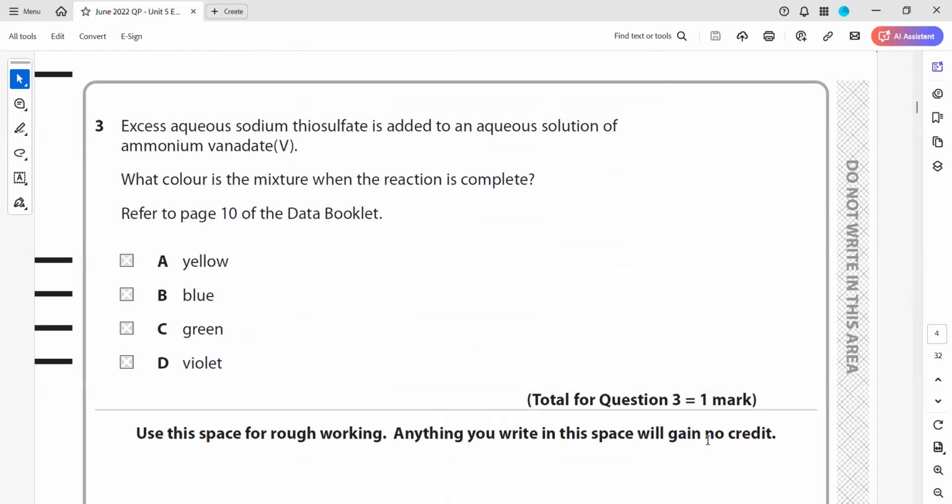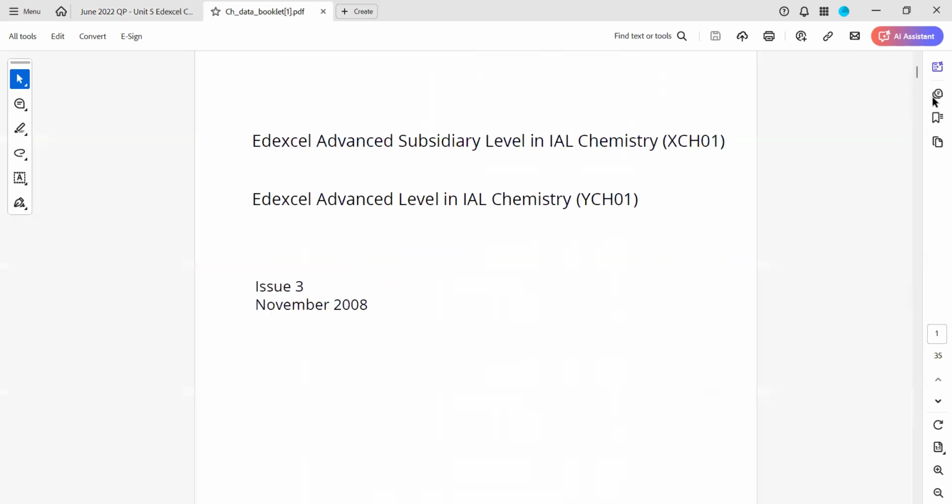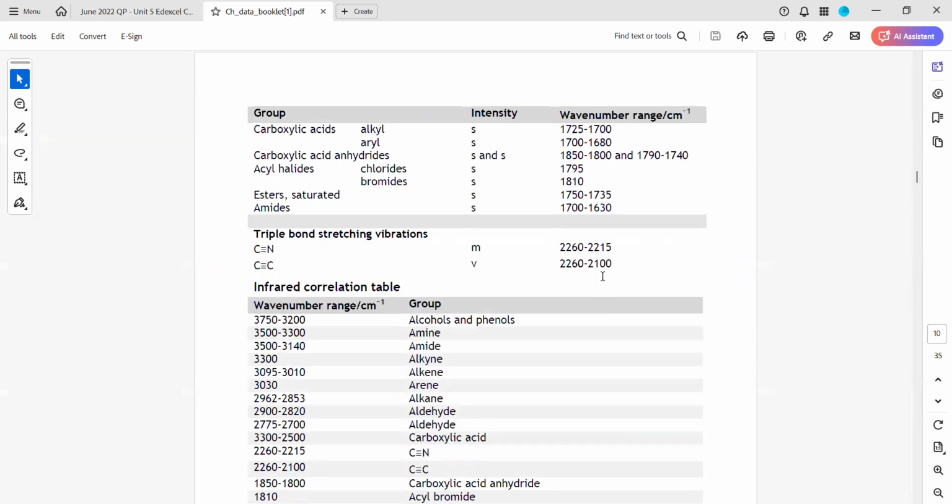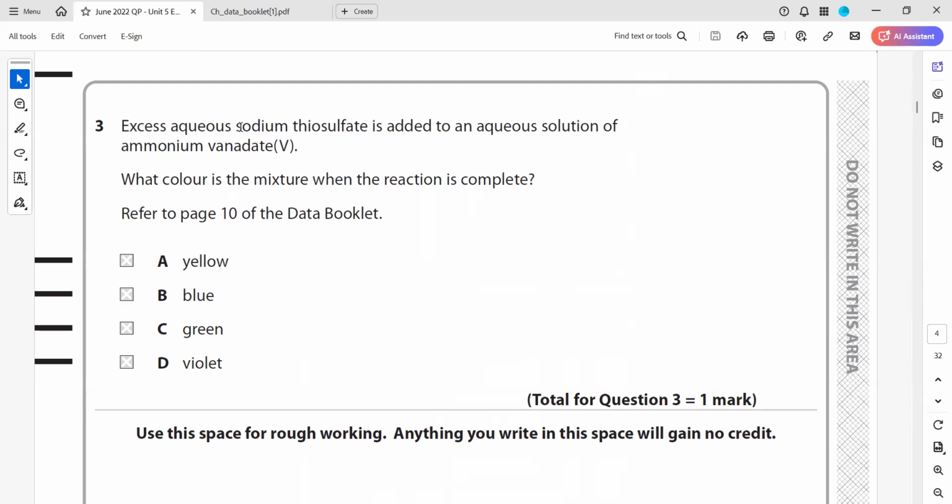Okay, sir. Page 10 refers to page 10 of the data booklet.